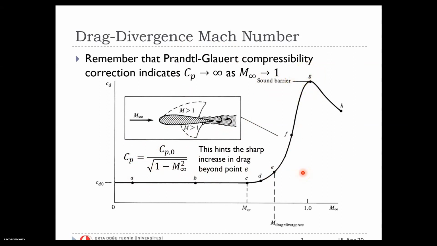Fortunately, no, because this Prandtl-Glauert compressibility correction is a linear theory based approach, and it's not valid in the transonic flow regime. That's why you cannot use this correction here, but this correction already hints that there will be some sharp increase, or some non-linearity, as you get close to Mach number 1.